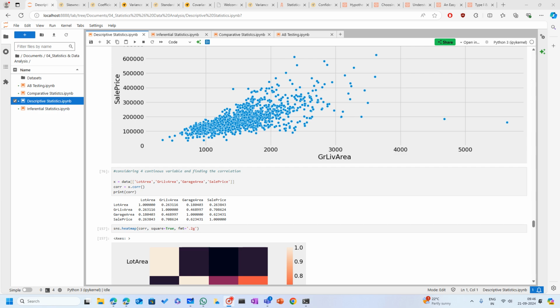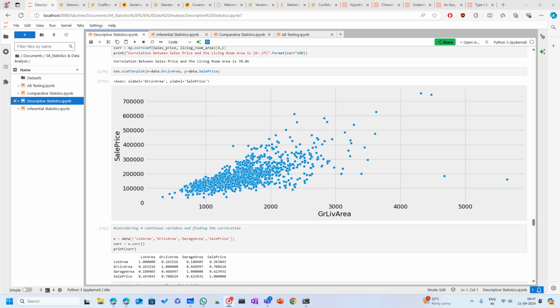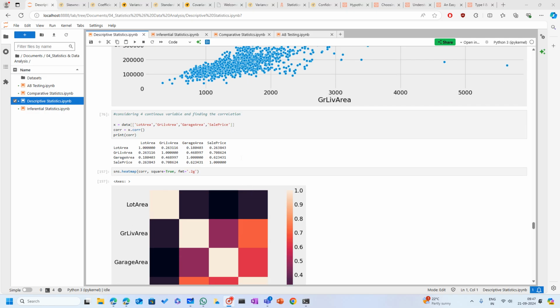And different types of feature selection methods, like RFE, recursive feature elimination, and multiple other ways to select features. We will see all those in the data analysis class. For now, for the sake of statistics, this is more than sufficient. Correlation is basically telling what we need to understand.